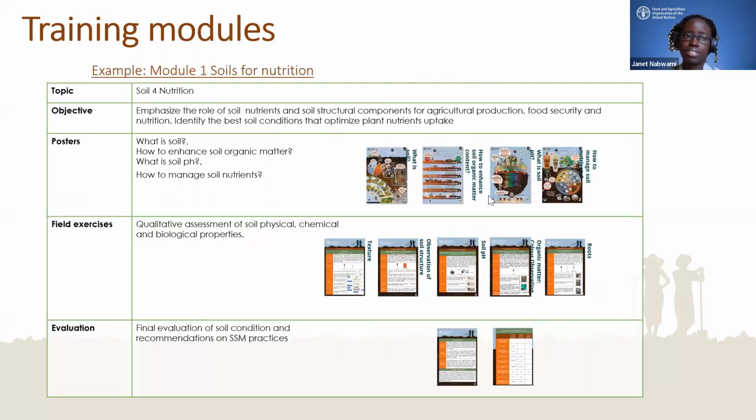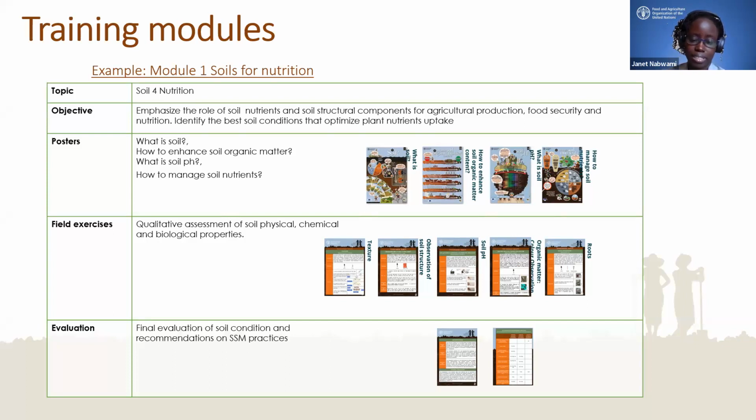The program isn't there to take over laboratory analysis, but it is to help the farmer understand more aspects about the soil. So we have training modules that we mainly program into posters. We have 4 posters and simple field exercises for the farmer to understand the soil or the situation and how to manage it.